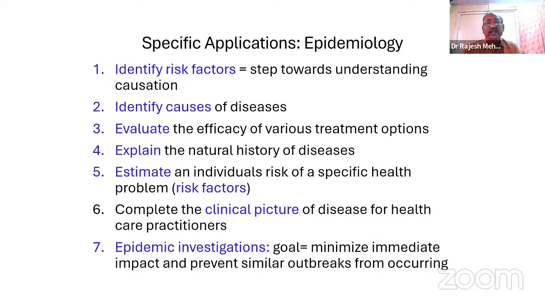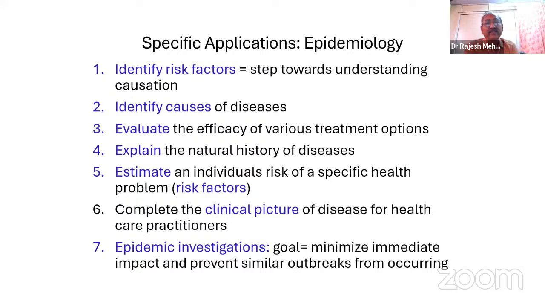Then again, estimating an individual's risk of a specific health problem. What are the risk factors, as well as for the individual? What is the risk assessment of a particular population? How likely are they to have a particular disease? If you are doing it for sickle cell anemia, the tribals are more likely to have sickle cell anemia.